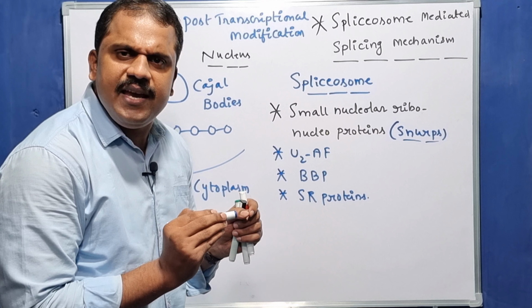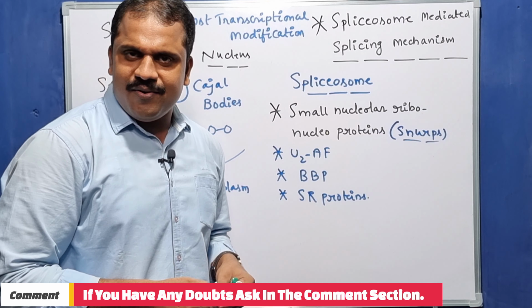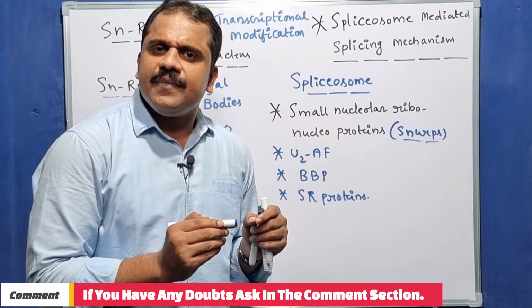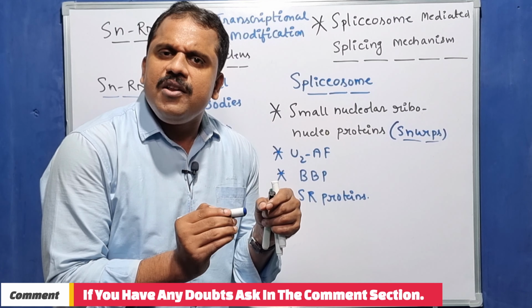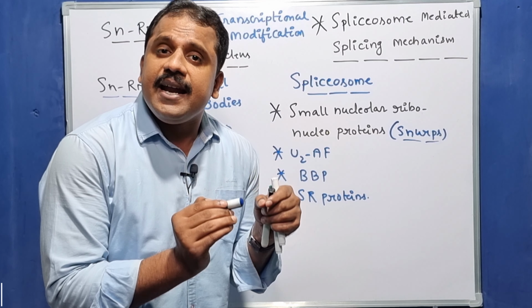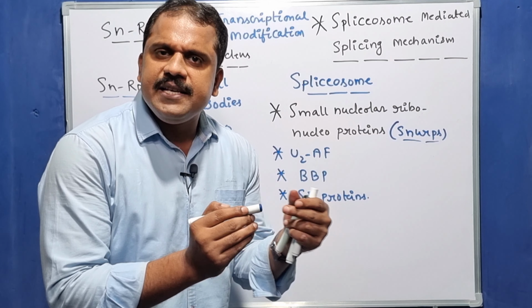So here, these small nucleolar ribonucleoproteins play a prominent role in organizing the spliceosome mediated splicing mechanism. That means they undergo base pairing with the primary transcript of the specific splicing mechanism.